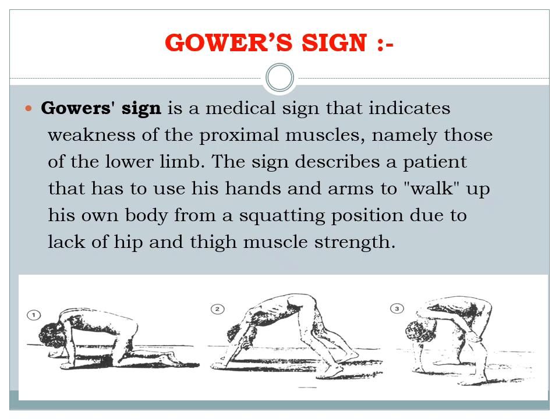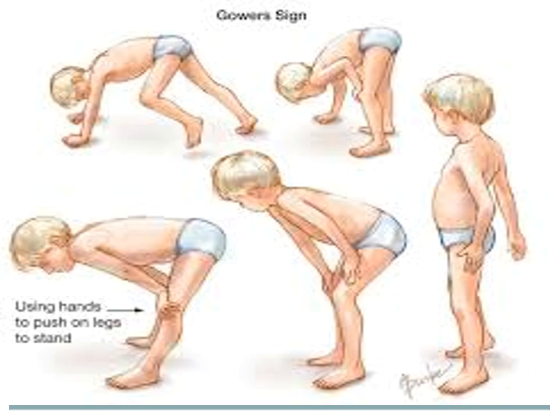There is a weakness of the thigh and the hip muscle. See the hands pushing on the legs to stand. See these pictures, how they try to get up, these children.